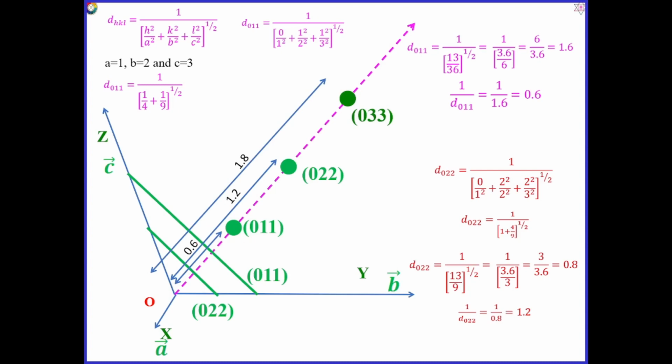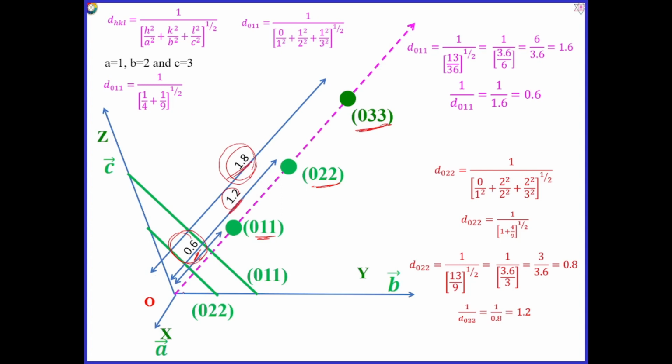See, previously we found that double the length of this one is this one, then triple the length of this one is this one. So for 011 the length is 0.6, for 022 the length is 1.2, and likewise for 033 the length will be 1.8.